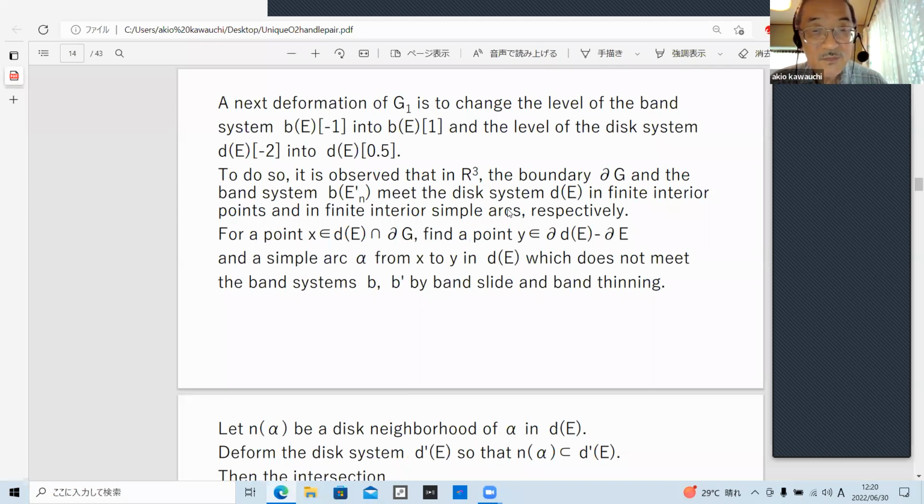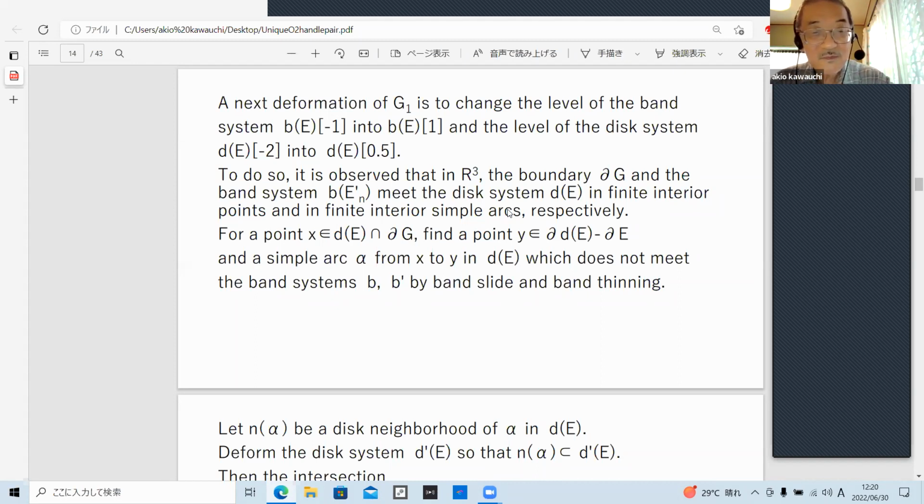The next deformation is to change the level of the band system to the -1 level, level up, B1. Because the other part is just straight along the fourth coordinate, there is no problem. Only the band level and the disk level are changed.